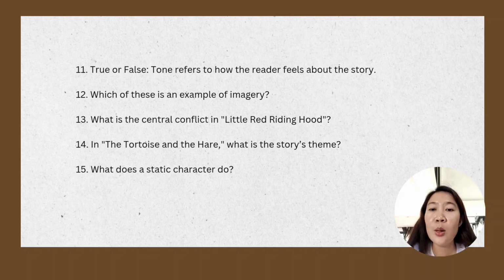Yes, it is slow and steady wins the race. And number 15, what does a static character do? The static character stays the same throughout the story. There is no change in the character.